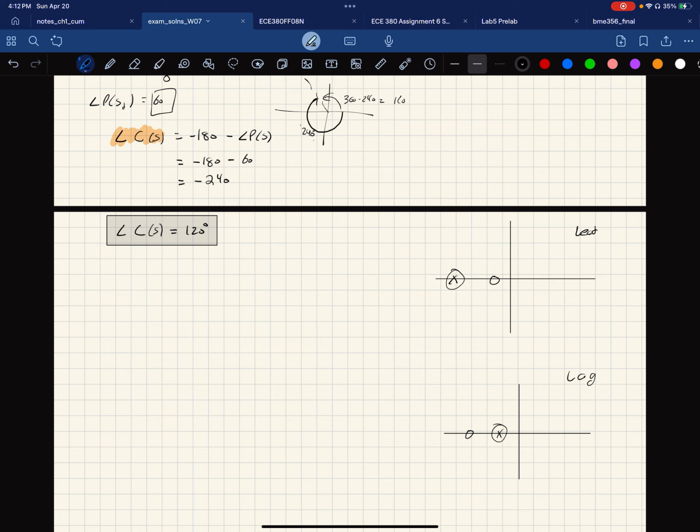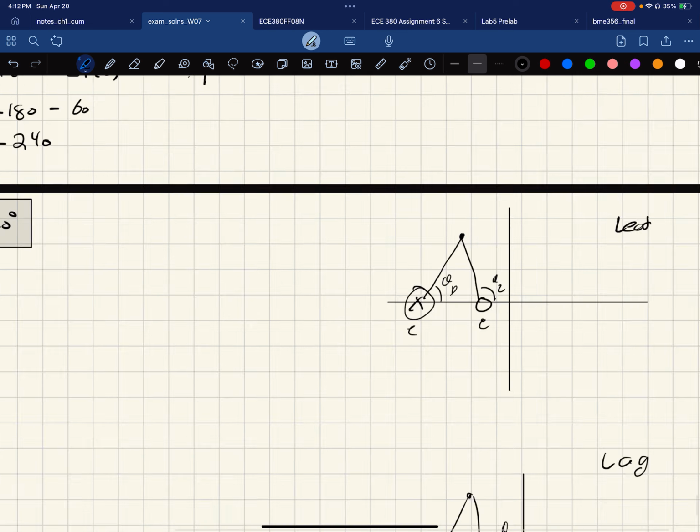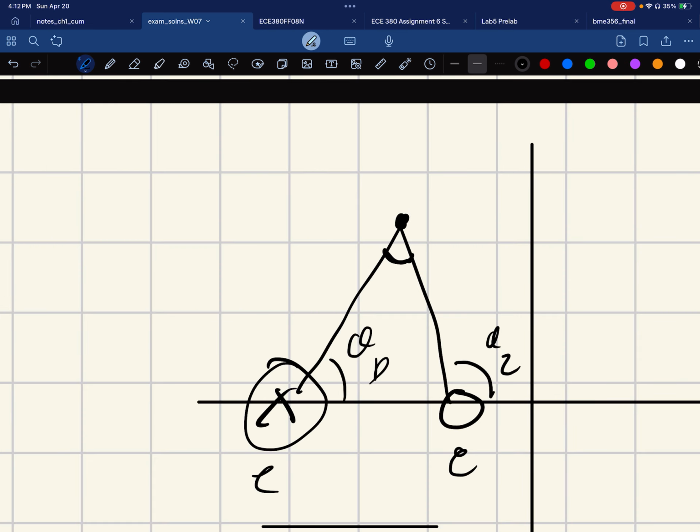And the desired pole is somewhere over here, and this will be the angle formed by the entity on the right, and this will be the angle formed by the entity on the left, right? So this is just theta of the zero, and this is the theta of the pole.